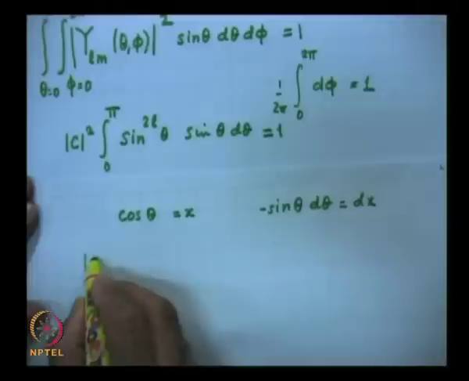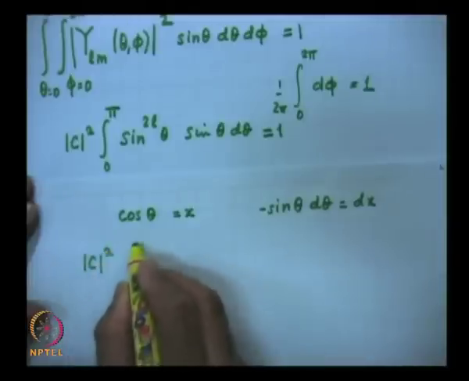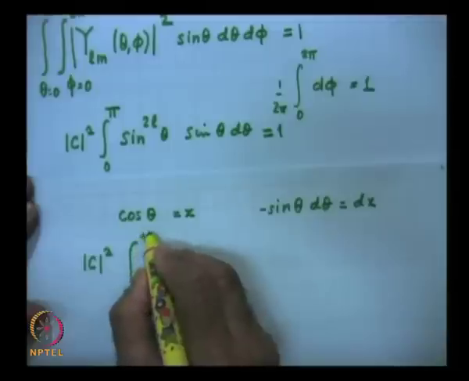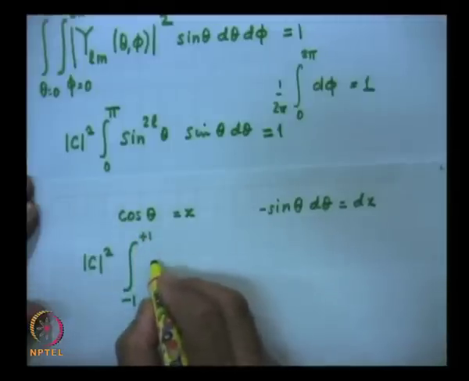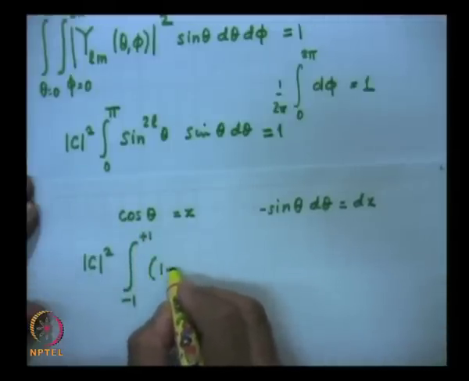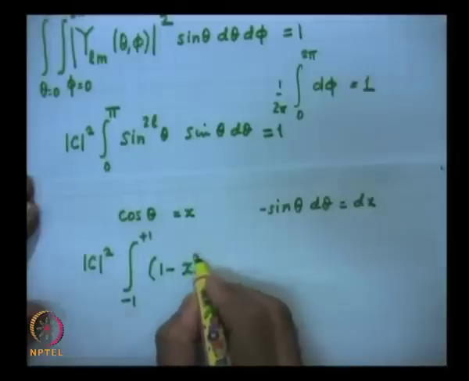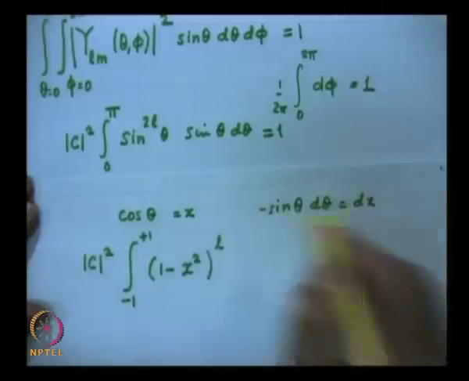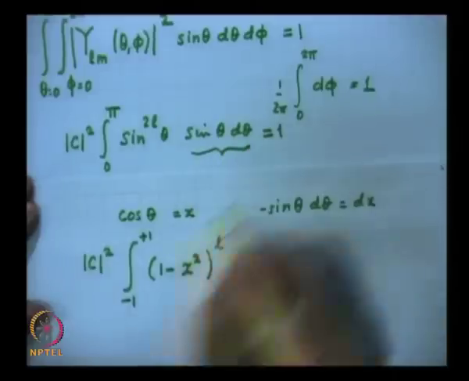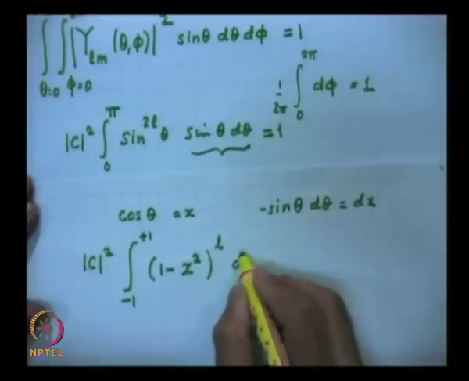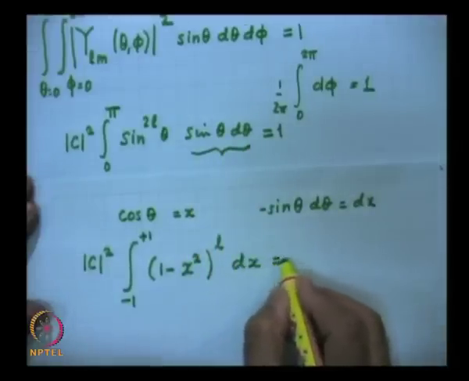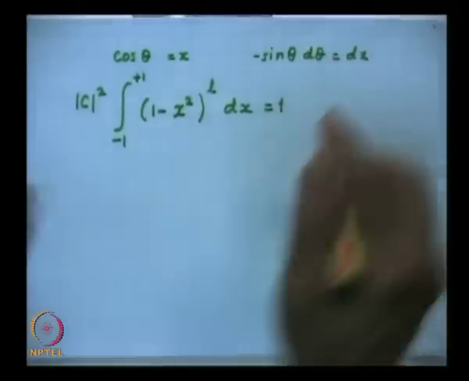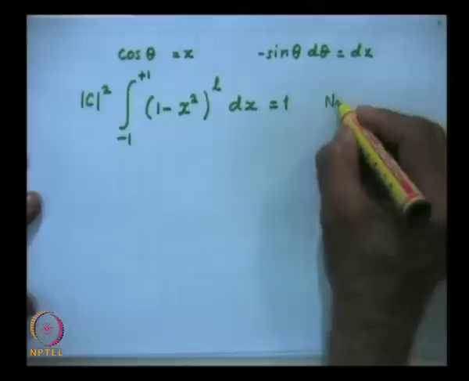So, you get C square, I interchange the sign, minus 1 to plus 1, sin square theta is 1 minus cos square theta, x square raised to the power of L, and this is just minus of dx, and I have taken care of the minus sign. So, this integral dx is equal to 1.